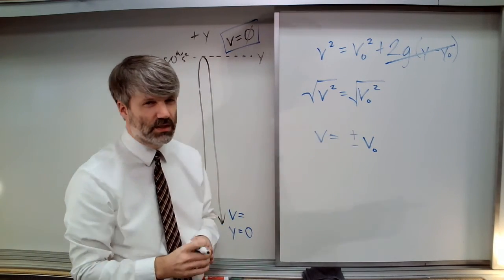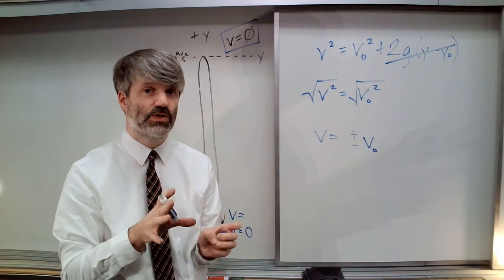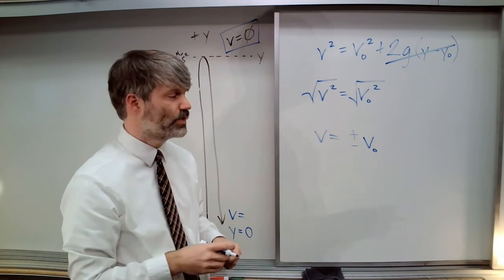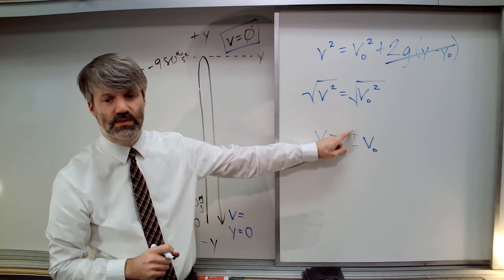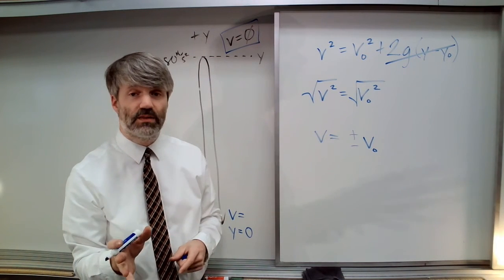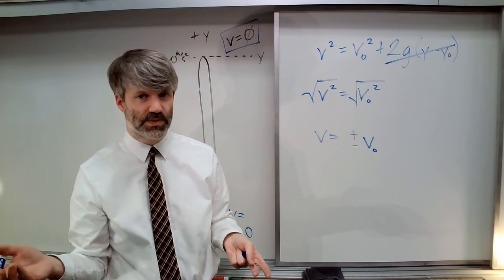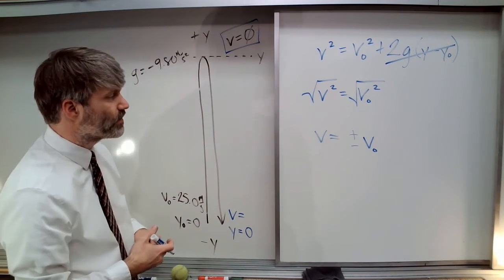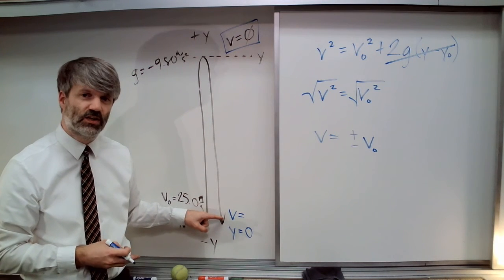Now, here's where the math, you have to understand the physics to interpret the math. Okay? Only one of these values makes sense. It's either the positive value or the negative value. Now the math tells us it could be either of those. The square root of any number is a positive and its opposite. But only one of those makes sense in this context.